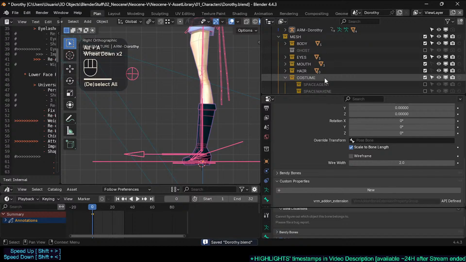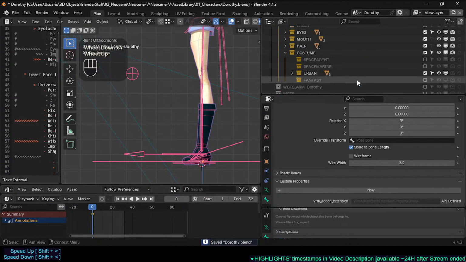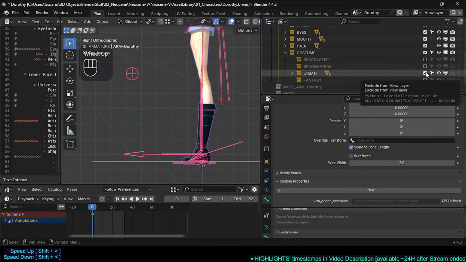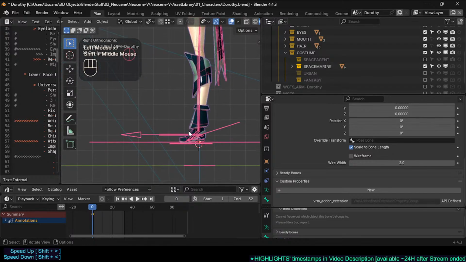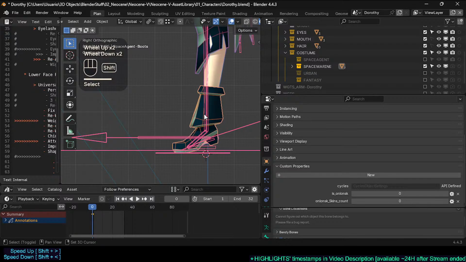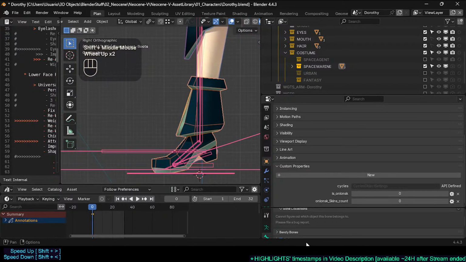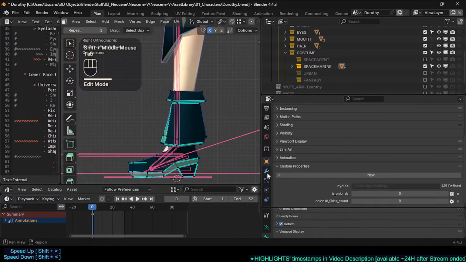So let's go now for the last boots of this. There is urban, so I don't need this one. Let's go for, okay, there's actually fantasy, but I won't care. So there are these boots, which we'll do as an exercise, folks. We're gonna just see if we can.